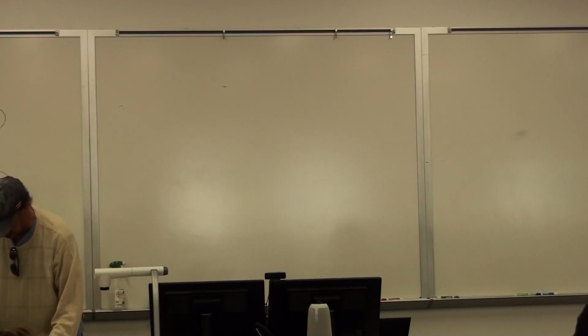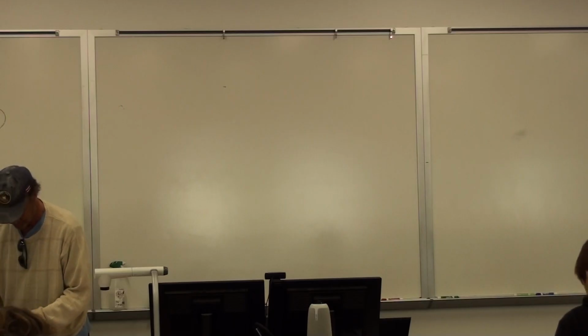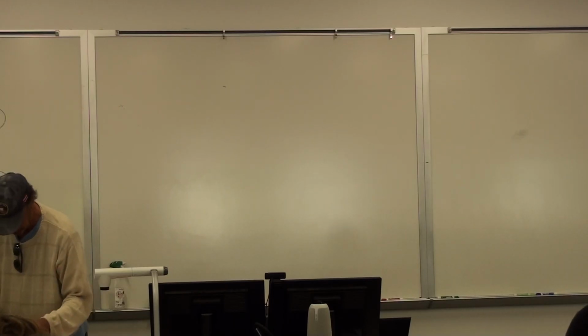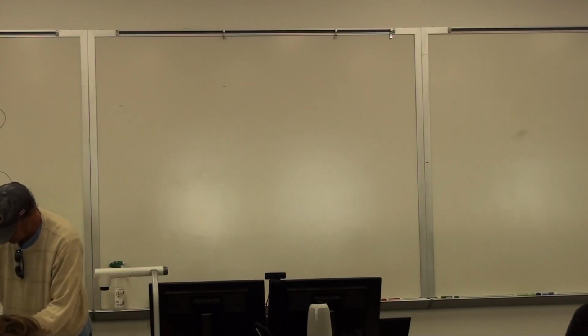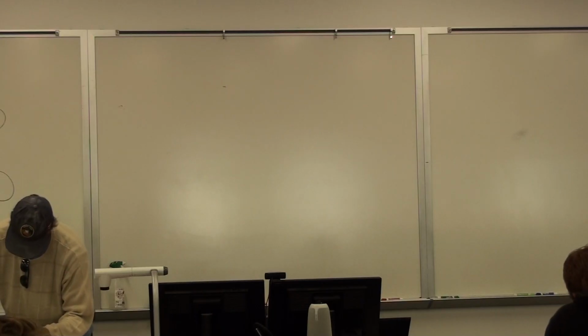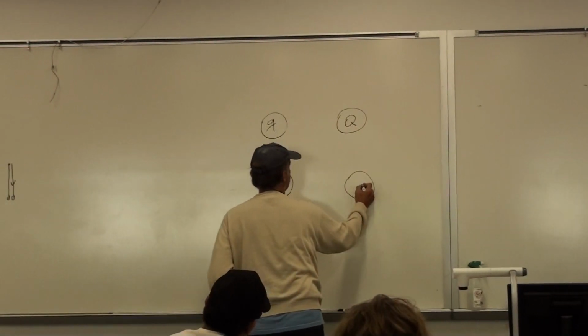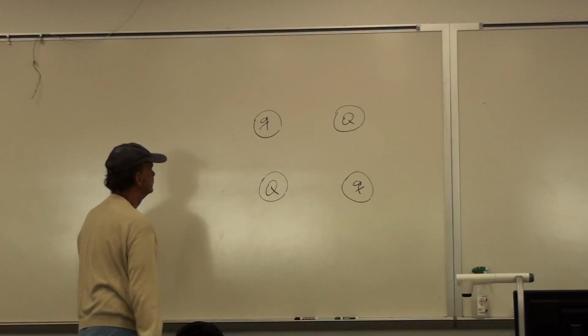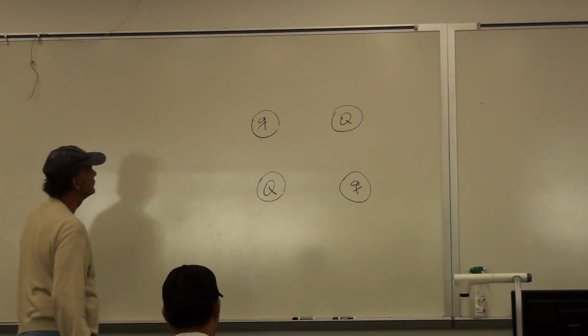Make sure I do this the way I want to do. This charge is the same as this charge, and these 2 charges are the same. Okay, so the charges at the opposite corners are the same.